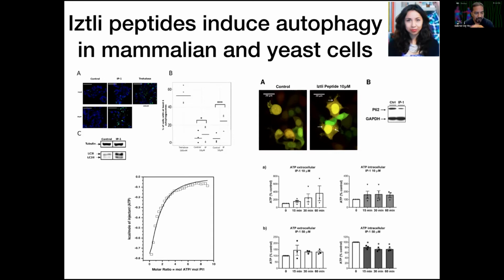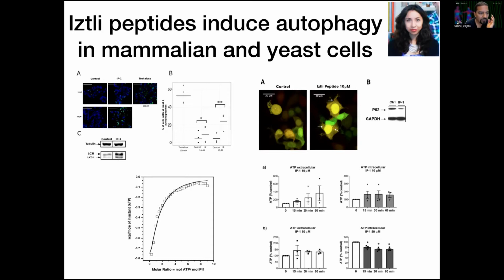As you see on the left side of the image, you see the nuclei staining of mammalian cells in blue, and in green dots, what you will see is the staining of the autophagosomes.